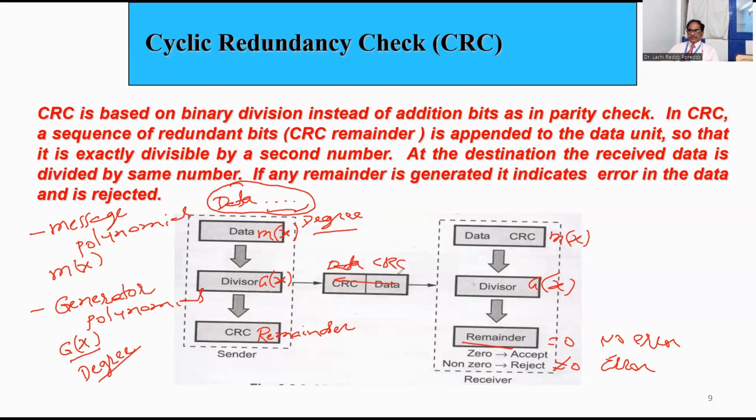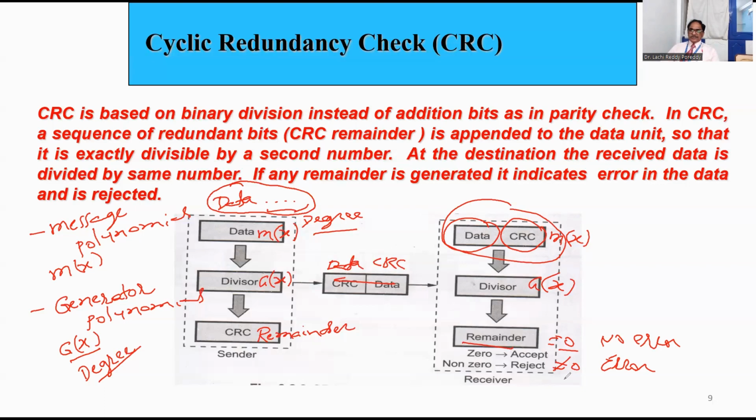That is transmitted, so the receiver will receive the same. Again, the receiver will divide the received information with the generator polynomial and observe the remainder. If the remainder is 0, whatever is received is correct. Based on the degree of the generator polynomial, that many bits on the LSB side will be discarded, and the remaining data will be accepted and processed if the remainder is 0.